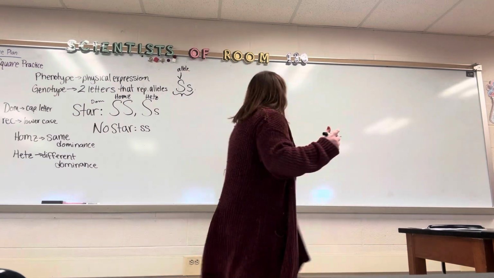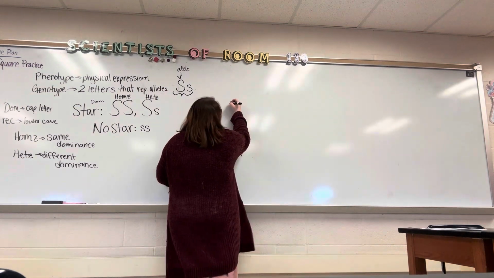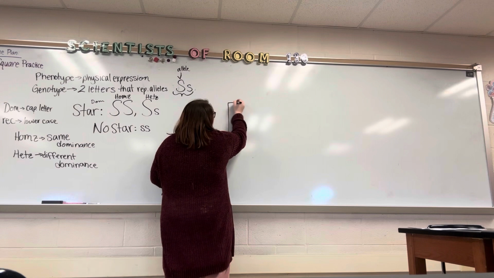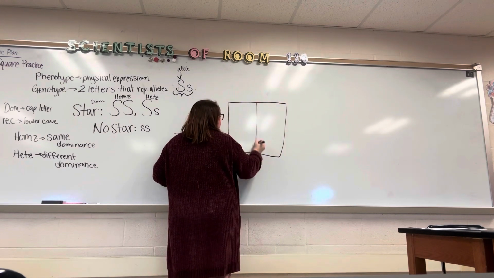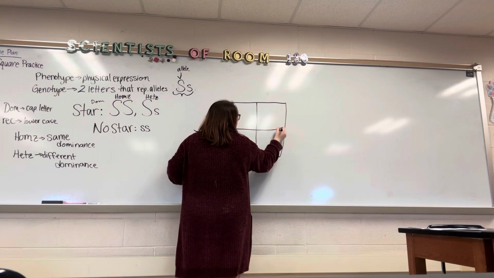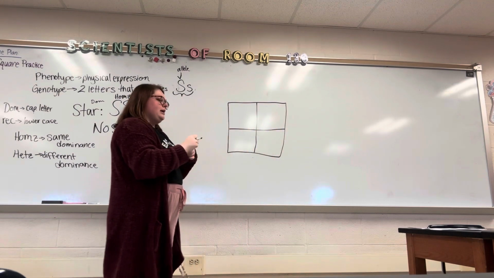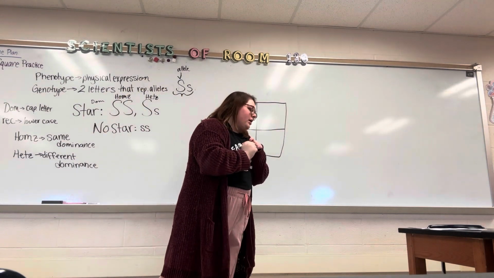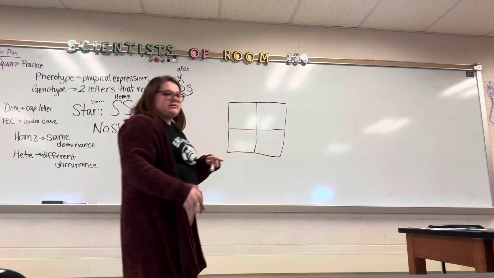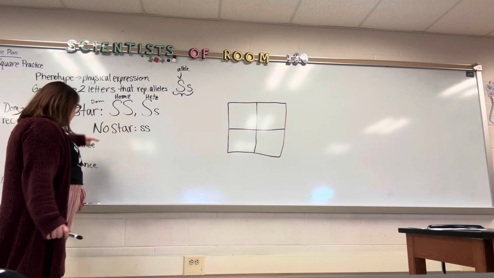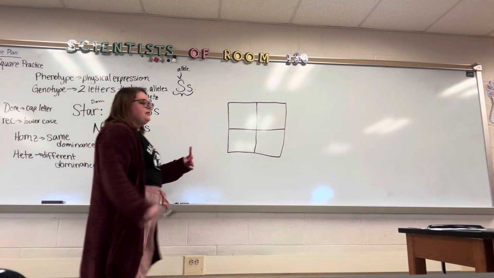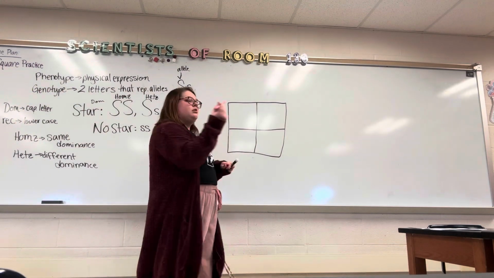So we have our Punnett square. A Punnett square is a big square with 4 little squares in it. Okay? And we know that we have a homozygous star-bellied snork. If we look here, our homozygous star-belly option is capital S, capital S. I'm going to use pink for that.